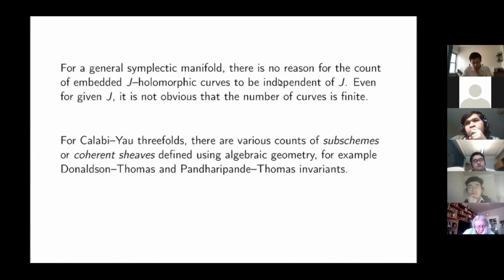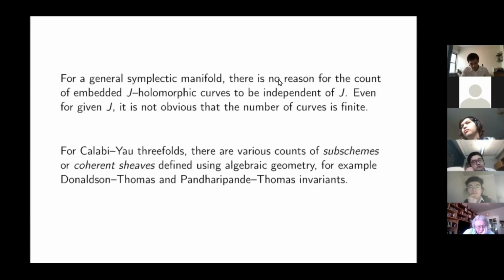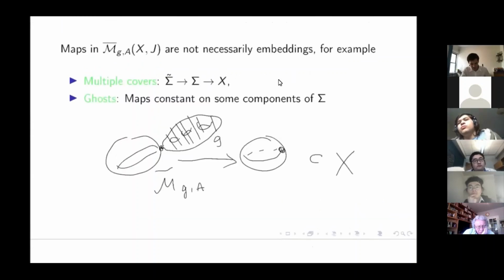In general, there is no reason for the count of embedded J-holomorphic curves to be independent of J. Even worse, if you fix J, it is not obvious that you will have finitely many curves. Even if you only consider these embedded curves, the point of Gromov-Witten theory is that embedded curves interact with these other elements of the moduli space.